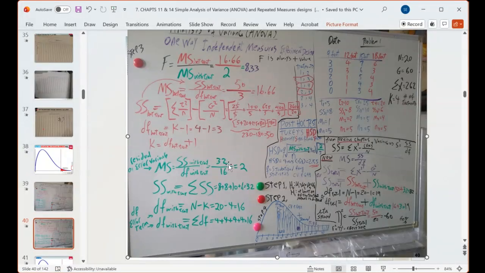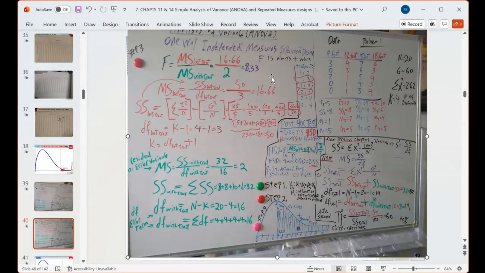So that's 32, and DF within we said is 16, N minus K. Or, because there are 5 people in each group, N minus 1 for each group will be 5 minus 1, which is 4, 4, 4, 4, 16 either way. So 32 divided by 16 is 2. Go on top, plug it into MS within. 16.66 divided by 2 is 8.33. That is our calculated F.